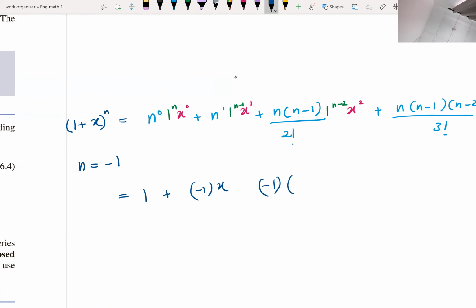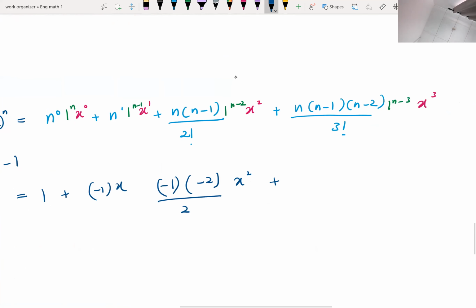Plus -1, -2, -3 and then 3 multiplied with 2, x^3.